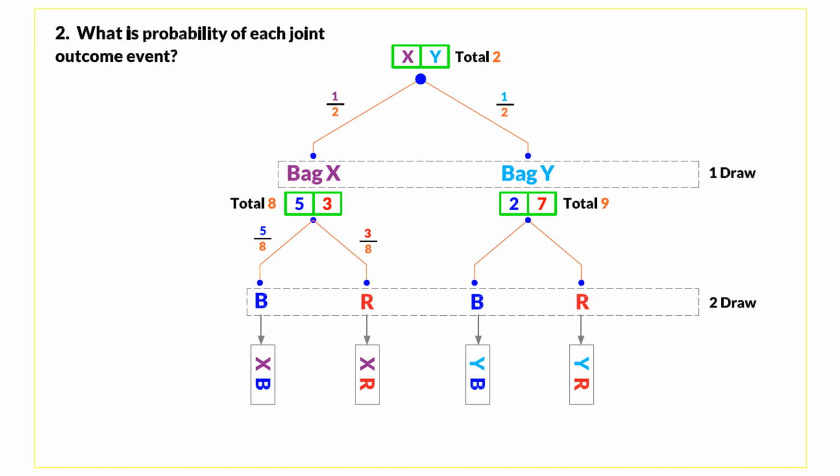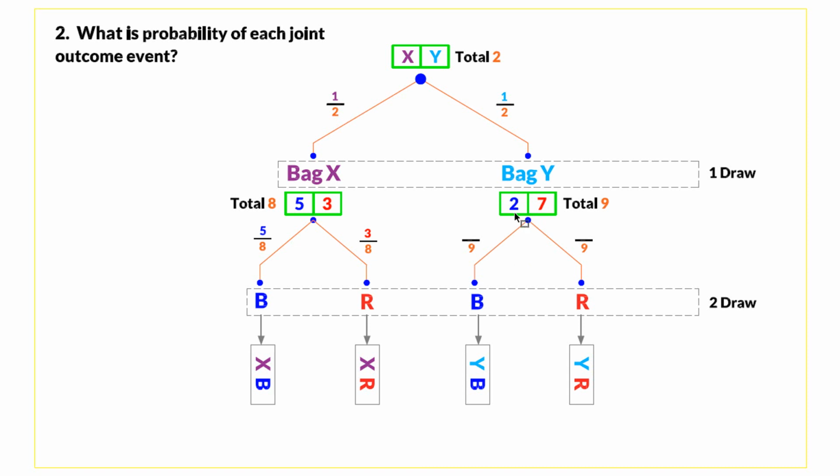Now what is the probability of picking a ball from bag Y specifically? In bag Y we have a total of 9 balls, so we are picking 1 out of 9, so the probability denominator is 9. So what is the probability of picking one blue after picking bag Y?